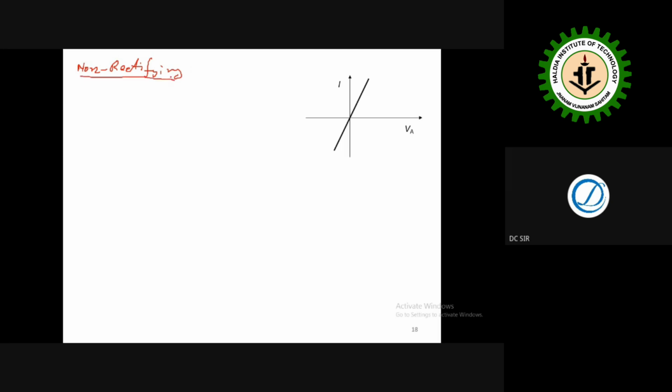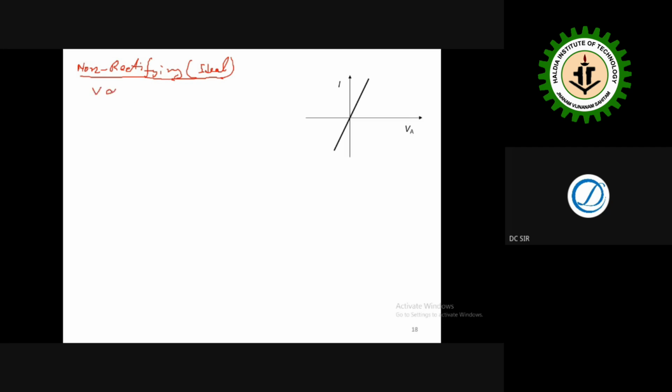Next we see non-rectifying, that means ideal non-rectifying characteristics, or ohmic characteristics. In this case, what happens?